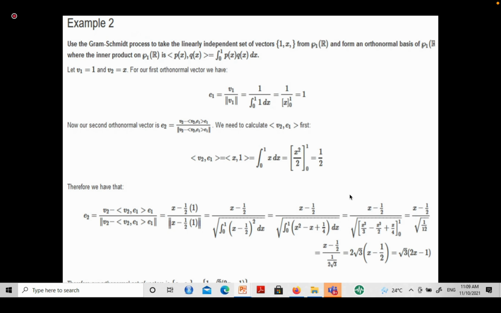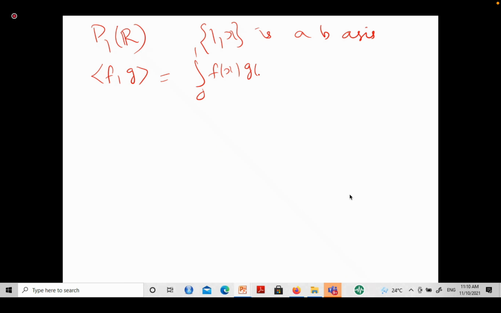For P1 of R, we are finding an orthonormal basis. 1 comma x is a basis. But the inner product is defined differently here. Inner product of f comma g is the integral from 0 to 1 of f of x g of x dx.